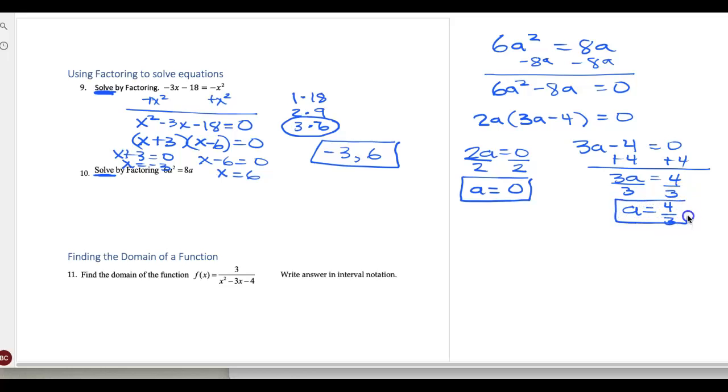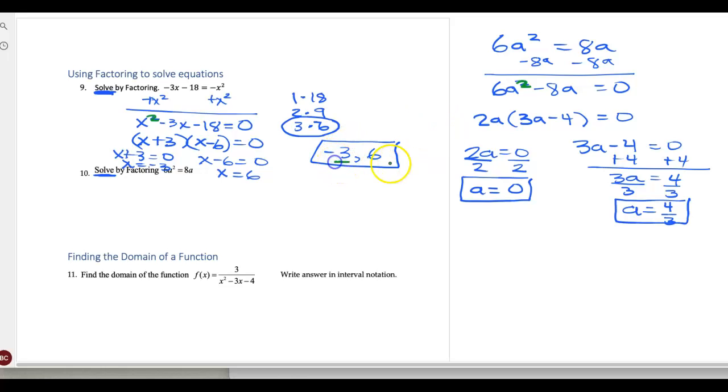Okay, and notice there's something here that I want to point out to you that may not have been pointed out in the videos that can be really helpful. Notice our highest exponent in this first one is a 2. Our highest exponent in this one is also a 2. That's telling us how many total answers we should end up with, right?